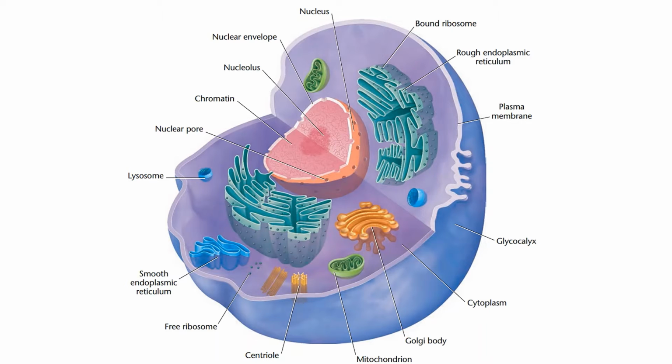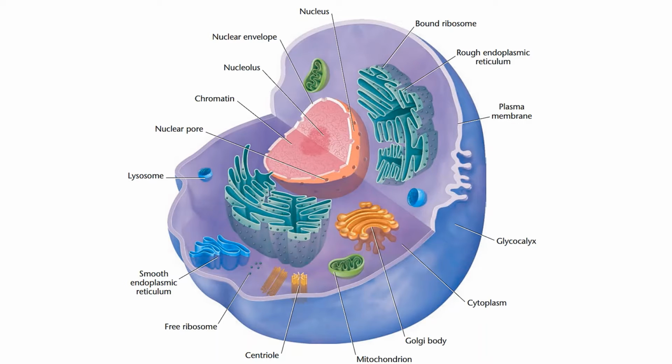So these organelles actually have various functions of their own, but there are certain organelles that also function in cell division as well. So these organelles would include the nucleus, of course, which houses the genetic material which needs to be distributed during cell division into the daughter cells.